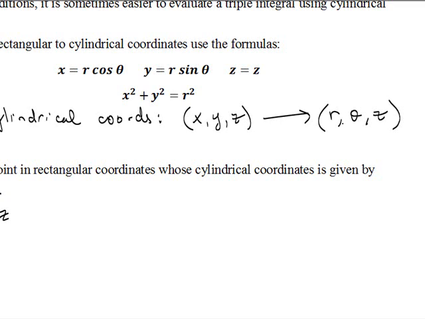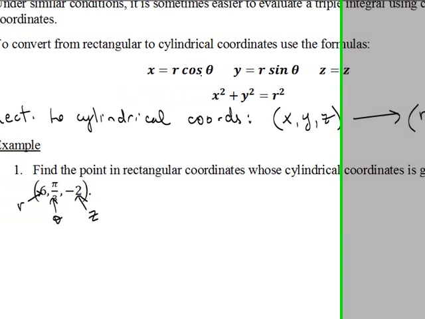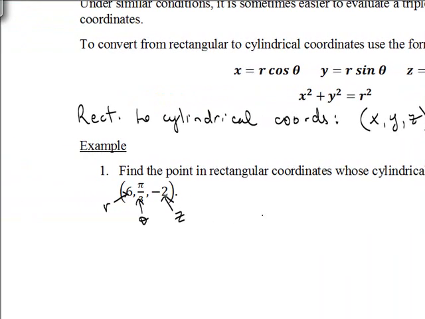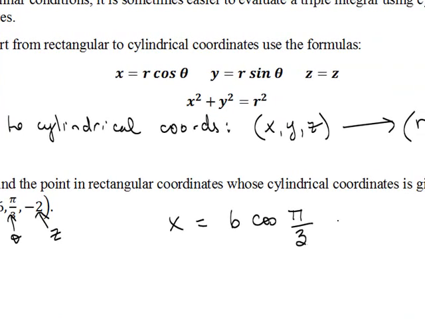Right, so let us use these to find the rectangular coordinates for that point. So we need to find x and y. So we're going to use the formulas above there. X equals r cosine theta. So here, x is equal to 6 cosine pi over 3, which when you look at that in your calculator, that is 3.